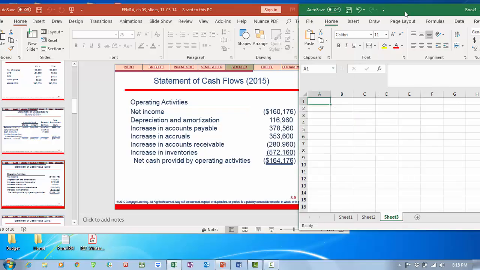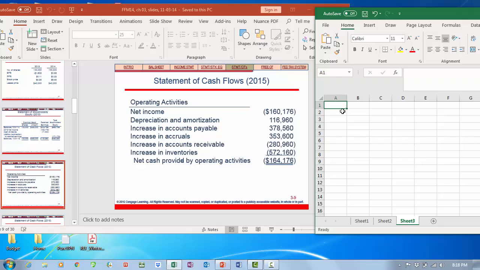So let me just show you each part. So this is operating activities. We start with net income, that is negative 160,176, and that's coming from the income statement.